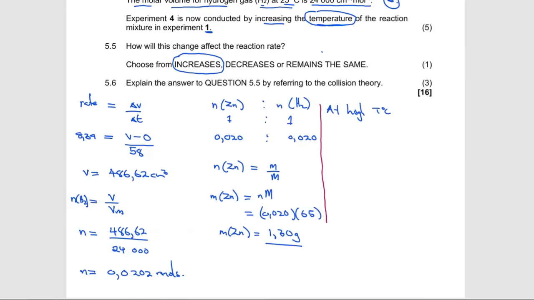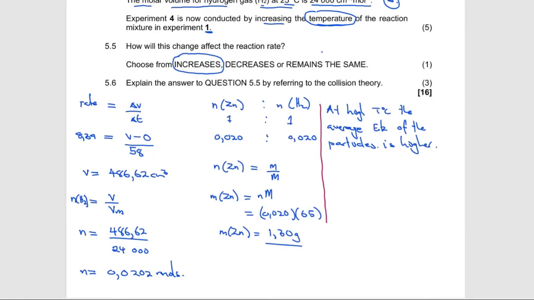At high temperature, the average kinetic energy, EK again, of the particles is higher. So particles, they get excited, right? So the average kinetic energy of the particles is higher.